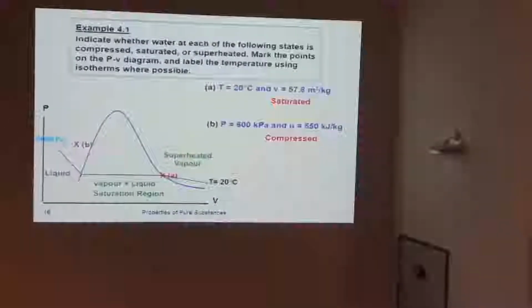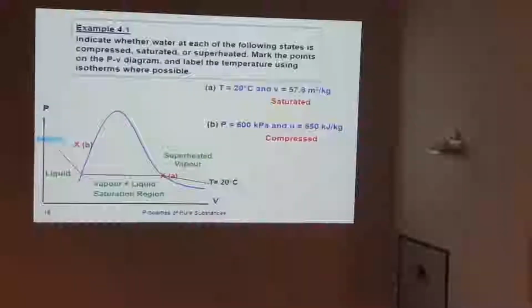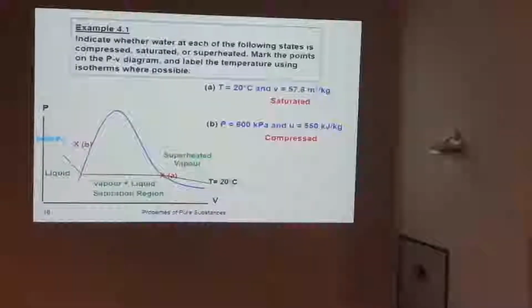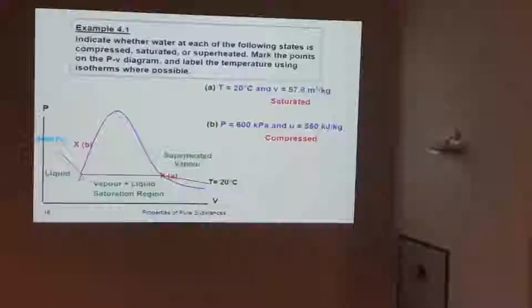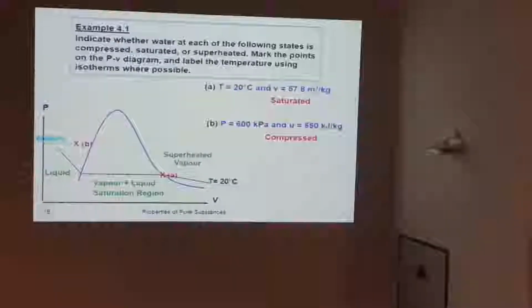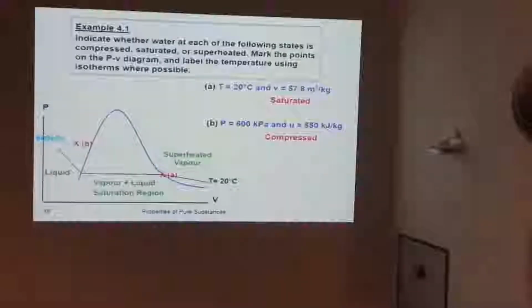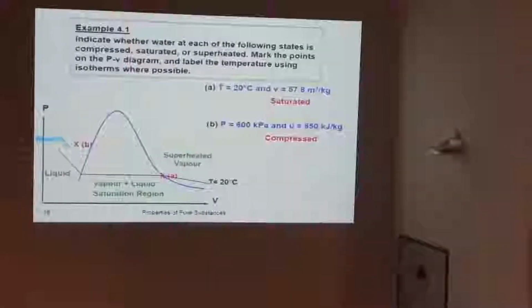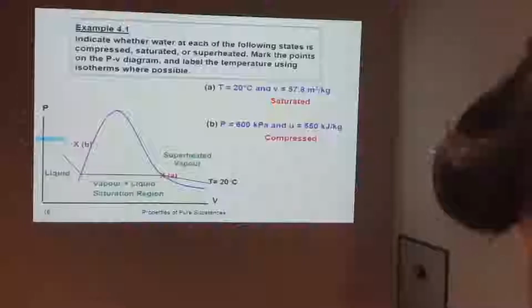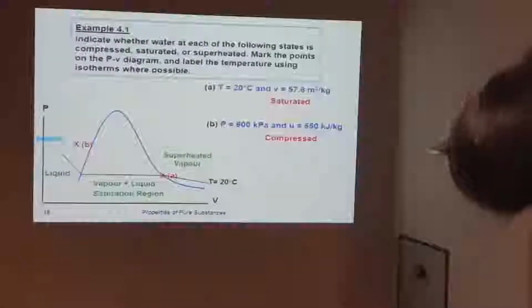Are you all following my question? Yeah, this line is for 20 degrees Celsius. It means the corresponding pressure will be 0.023 only. So definitely your B should be above, because 600 kilopascal is equivalent to 6 bar, right? So it should be here.